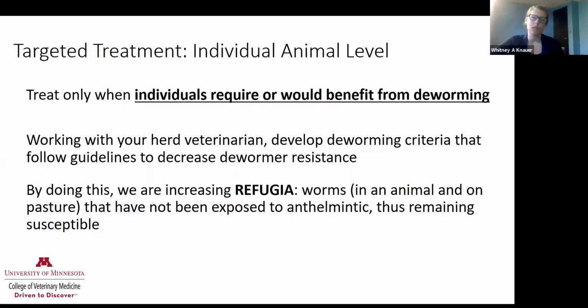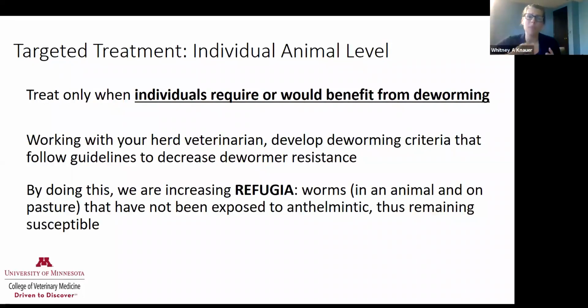And the reason that we're doing this, we're trying to promote this idea, a fancy word called refugia, which basically just means susceptible worms. So we want to keep a certain number of worms, both in the pasture, in the environment, and in the animals, that we're going to be able to kill.